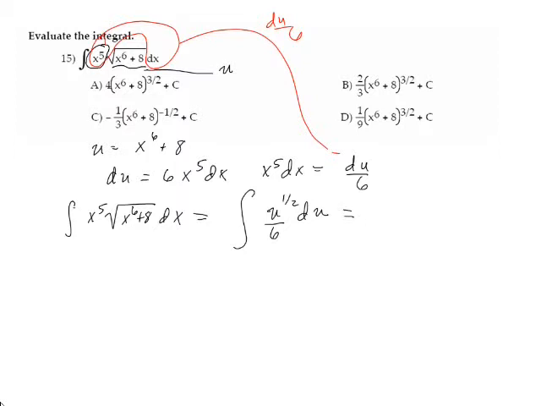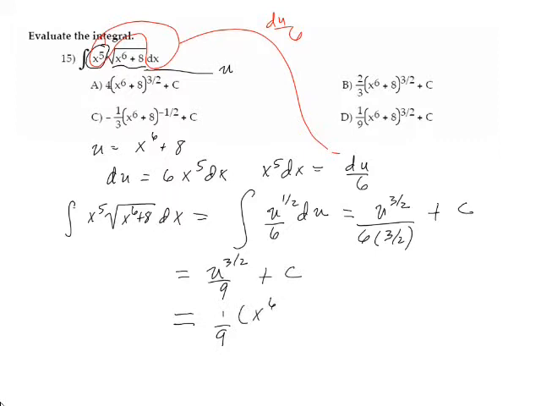And this integral is now u to the 3/2 divided by 6 divided by 3/2 plus c, and you can see that this is u to the 3/2 over 9 plus a constant. Substituting for u, we get 1/9 x to the 6 plus 8 to the 3/2 power plus a constant, and the answer is D.